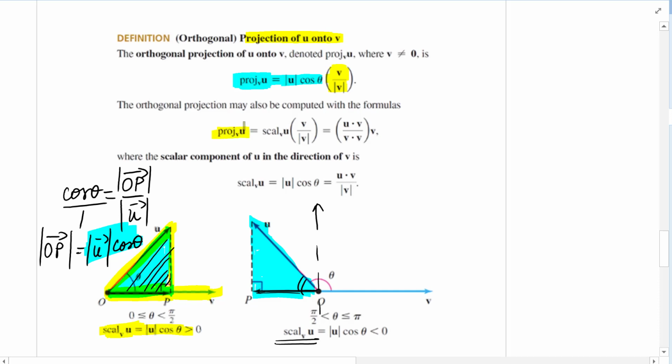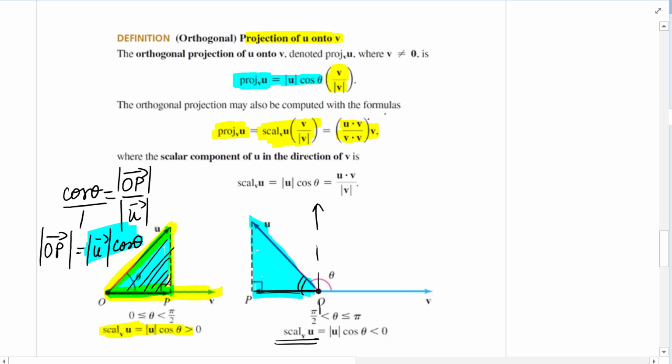So the projection of u onto v can also be written as the scalar of u onto v times v over the magnitude of v, but this whole thing can be written as u dot v over v dot v, times v.